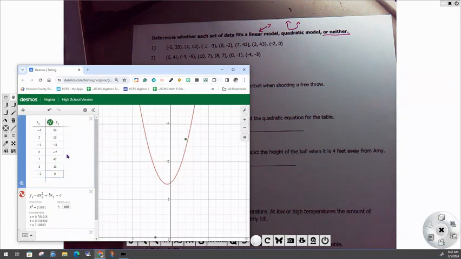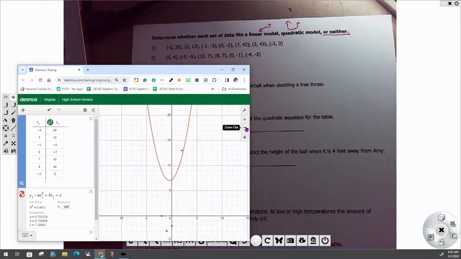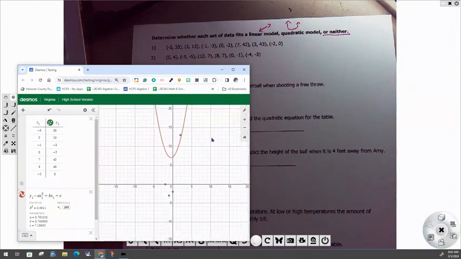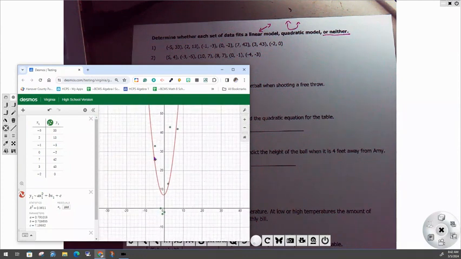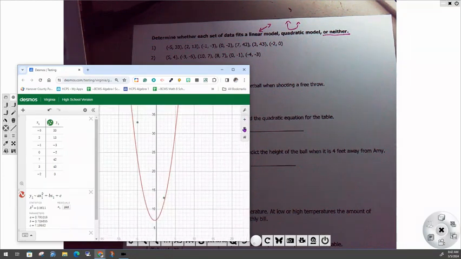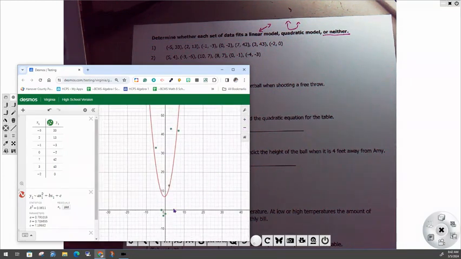All right, so let's see. All right, so let's zoom out a little bit. So notice my points. I can't really show you all of them. It's kind of weird. But notice how they're not really curved and they're not really linear.